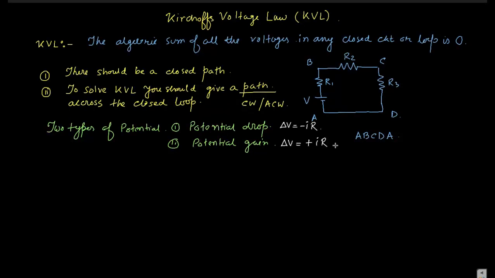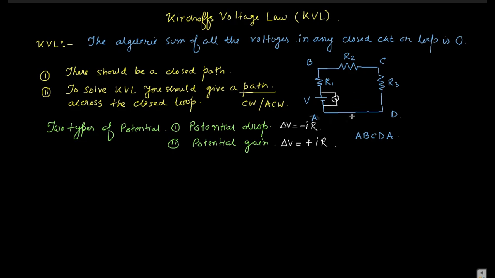Now if you consider this circuit, in which components do you get potentials? In V, as it is a voltage source, there is some potential across it. If you connect a voltmeter, then you get some voltage, and the magnitude of the voltage source and the reading of the voltmeter should be the same.